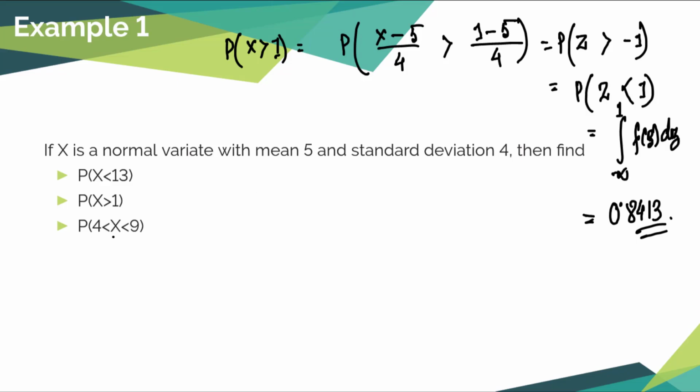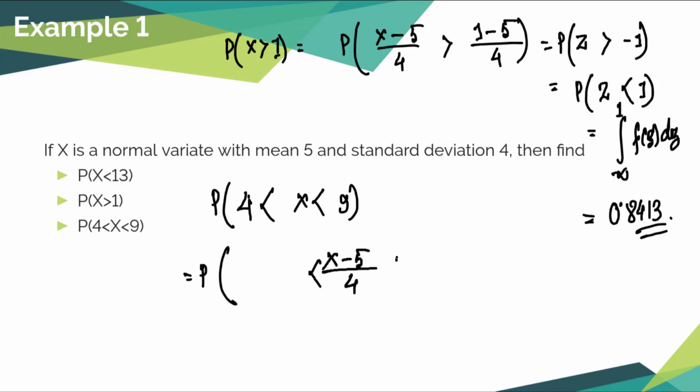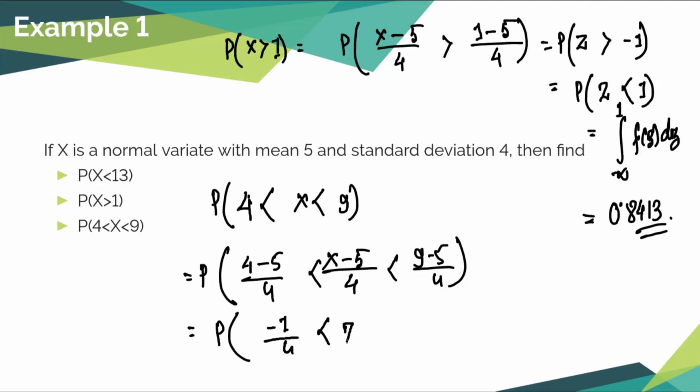And the third question is asking us to find the probability of the random variable within the interval 4 and 9. So probability of 4 less than x less than 9. We will do the same treatment, minus 5 divided by 4, on the left and right. This is equal to probability of (4 minus 5) which is minus 1 by 4, less than Z less than 1.